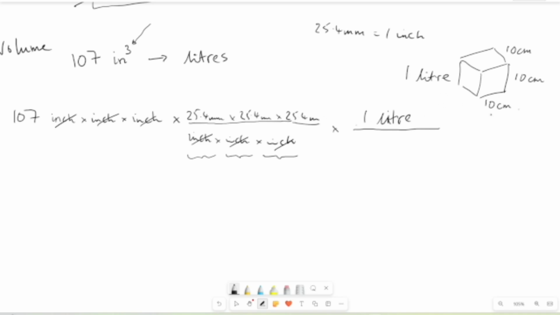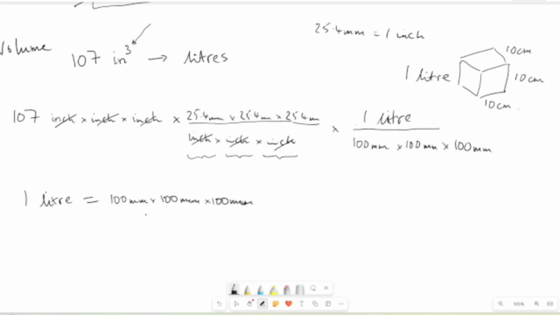So I know 1 litre is 100 millimetres times 100 millimetres times 100 millimetres, so I can just do that. 100 millimetres times 100 millimetres, making use of this equality. 1 litre, write it over here, 1 litre is equal to 100 millimetres times 100 millimetres times 100 millimetres.